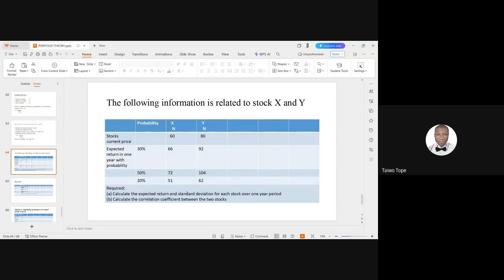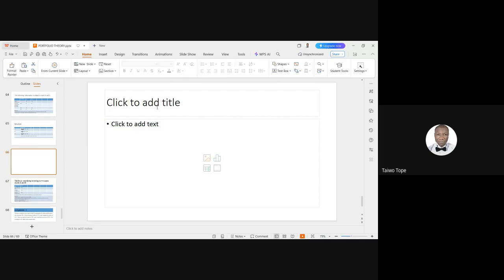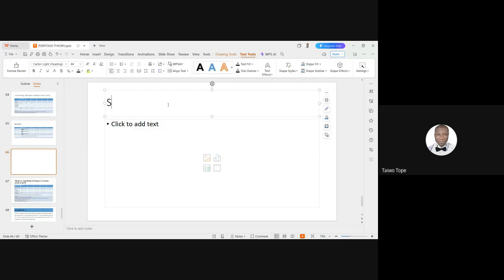But we are asked to determine our standard deviation. How are we going to solve that? Any clue? We solve for variance.